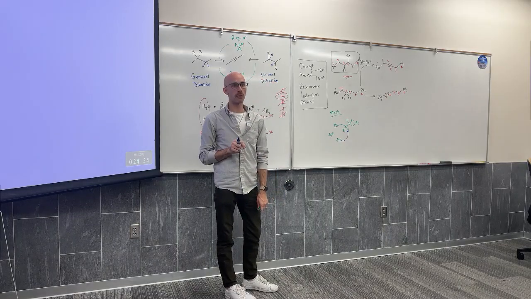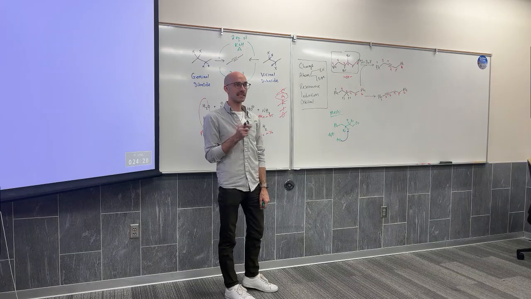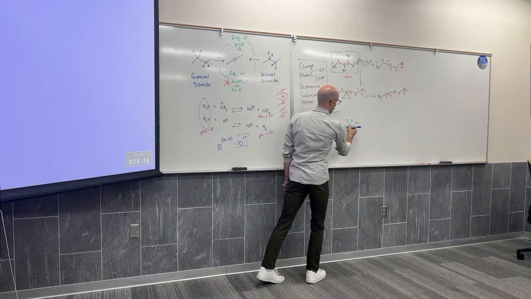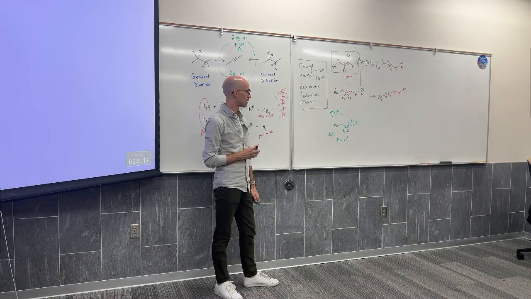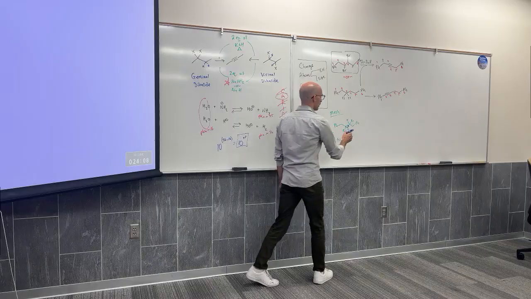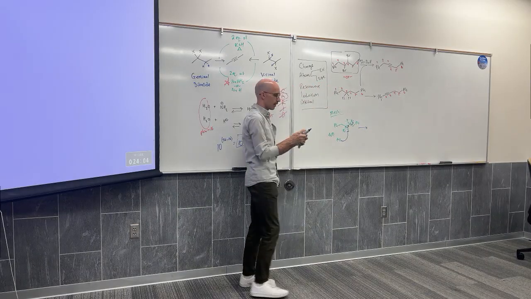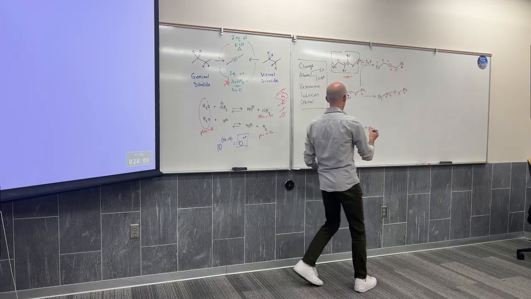Remember, when a bond breaks, it breaks towards the more electronegative atom. The CH bond breaks towards the carbon. That carbon pushes it into a double bond. That's going to break the octet of the adjacent carbon, so the adjacent carbon kicks off its bromine. This is why we call the bromine a leaving group. It gets ejected from the molecule.